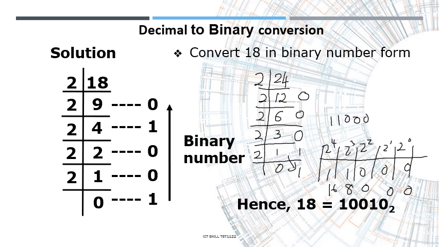If you add the numbers, 16 plus 8 is 24. So that is the answer. If you convert back to decimal, you will get 24. The same goes for 18; this is how you calculate.